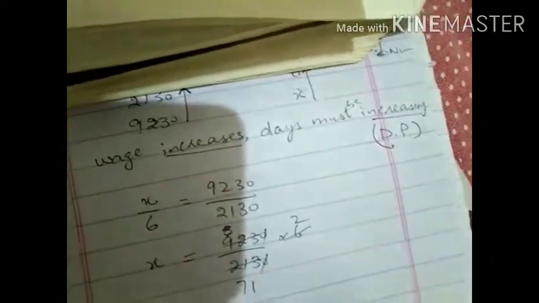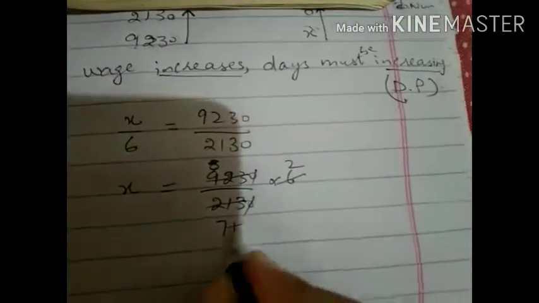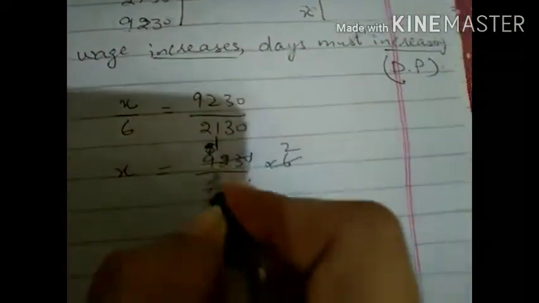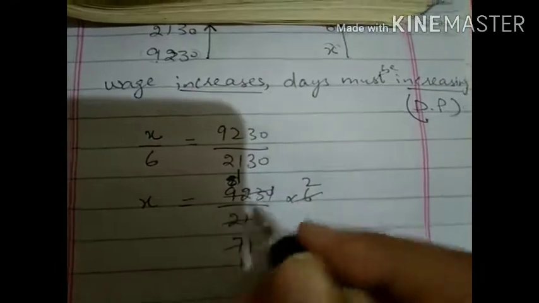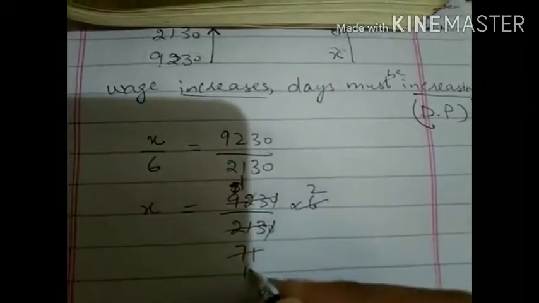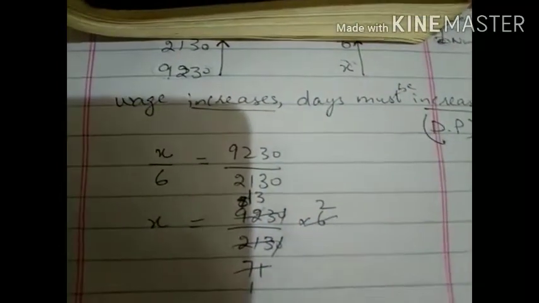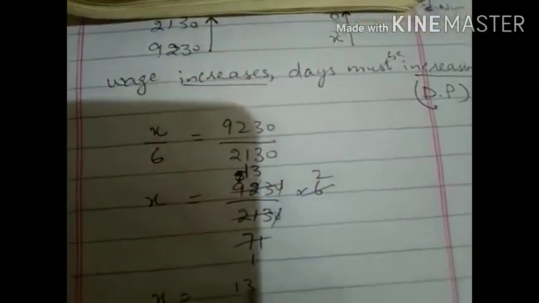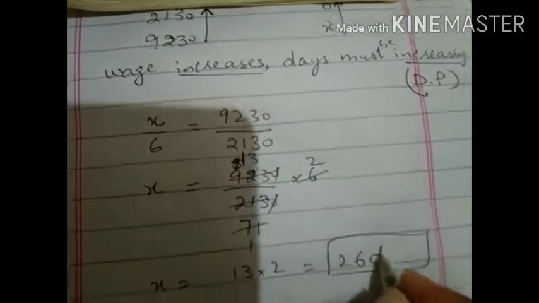We will cut these values down. Now 7 ones are 7, 1 ones are 1, the remaining value is 21, and 7 threes are 21. So x is equal to 13 multiplied by 2, which is 26. So x is 26 days.